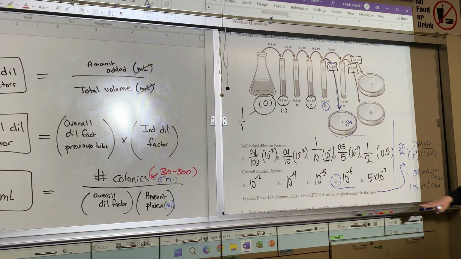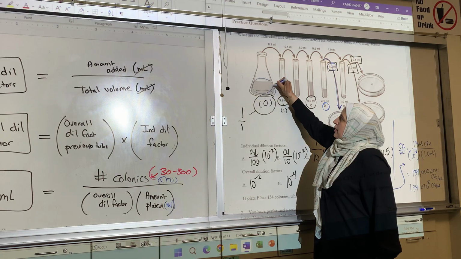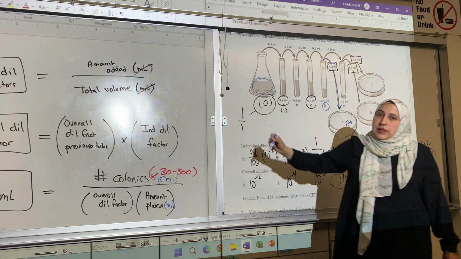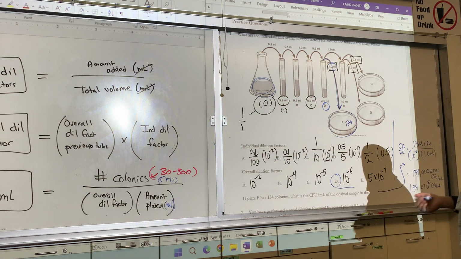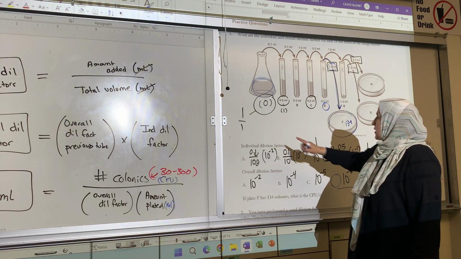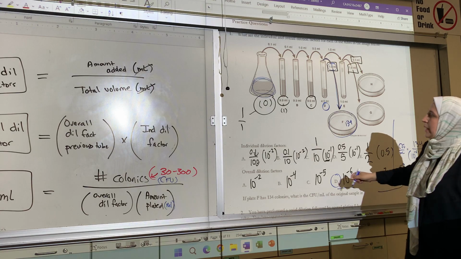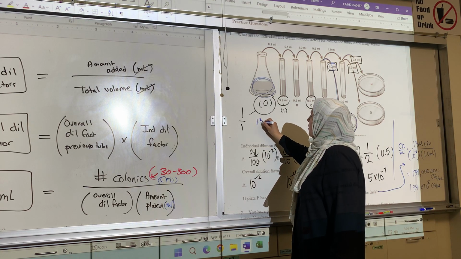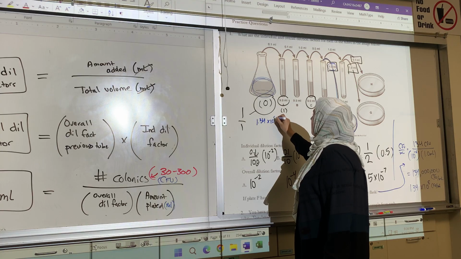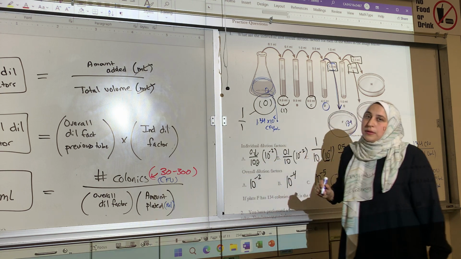And so the number or the bacterial load that was in this original flask is therefore 1.34 times 10 to the 8th, or 134 million colony forming units per milliliter of this solution here.